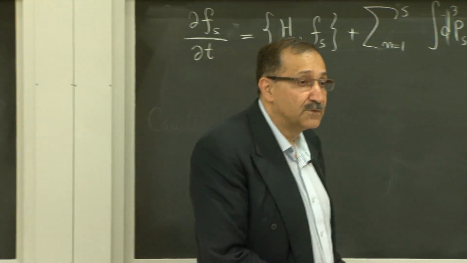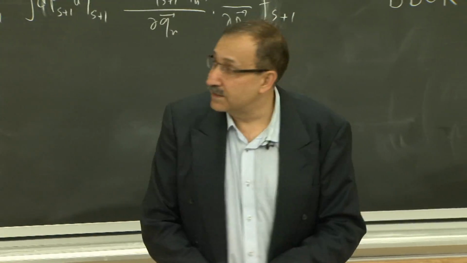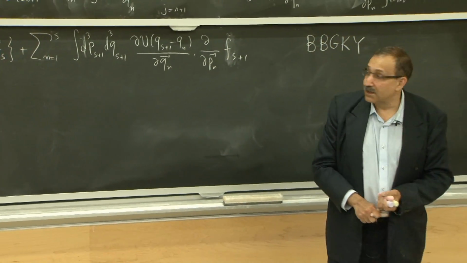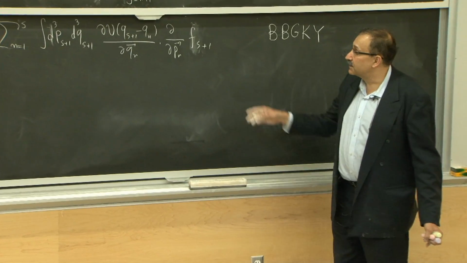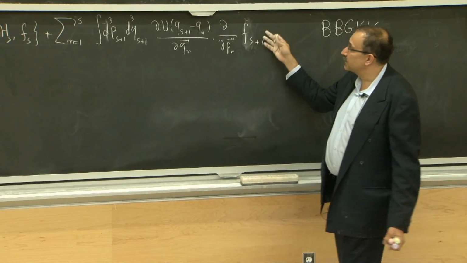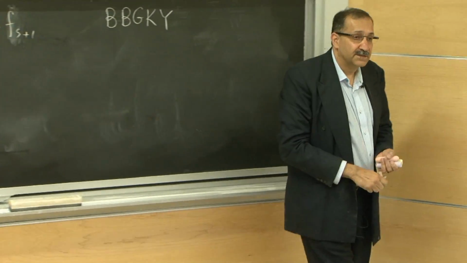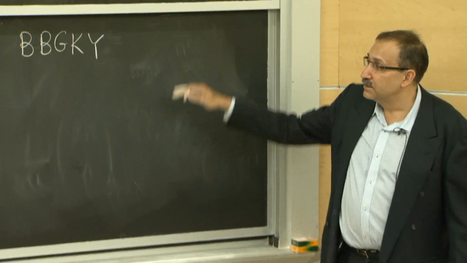Let's calculate the evolution of one particle and two particle densities. Maybe they will tell us about this non-equilibrium situation that we set up. But we see that the time evolution of the first particle density requires the two particle density, which requires three particle densities. So we sort of made this ladder, which ultimately will terminate at the N particle densities, and so we have not really gained much.